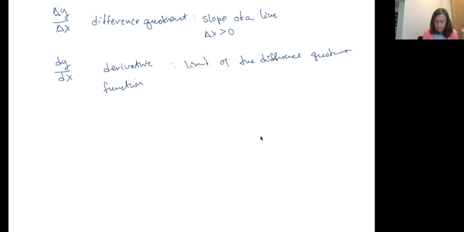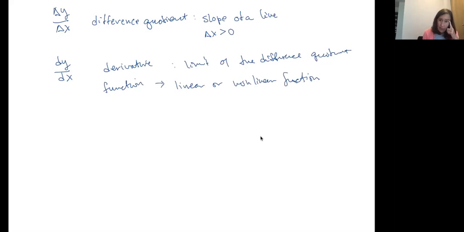Limit of the difference quotient is about a function. And you can take the derivative of either a linear or nonlinear function. If you take the derivative of a linear function, I think we're going to do that in a couple lessons, you'll see you get the same answer as the slope.